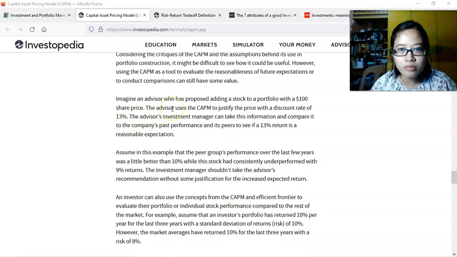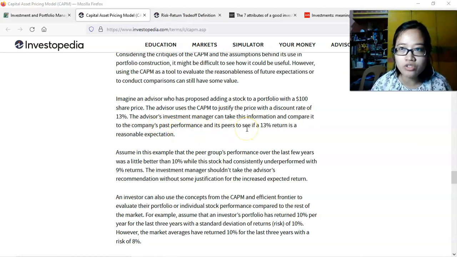Imagine an advisor has proposed adding a stock to a portfolio with a $100 share price. The advisor uses the CAPM to justify the price with a discount rate of 13%. The advisor's investment manager can take this information and compare it to the company's past performance. Ayan, normally, historical data pa rin yung pinagbabasehan or naging comparison.